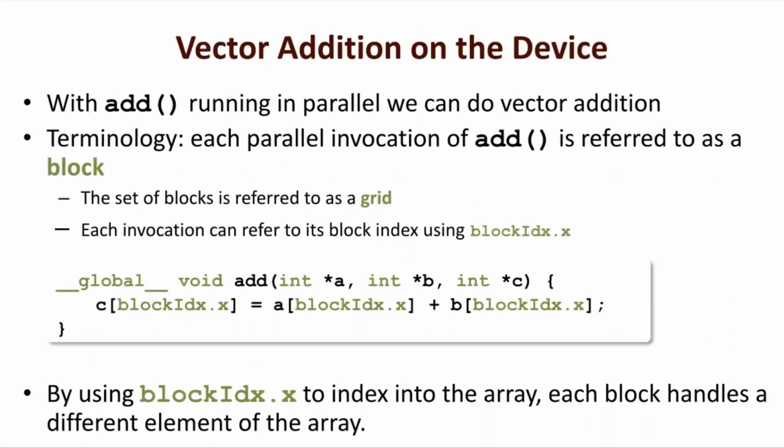The benefit only comes when you start doing vector addition. When you try to define not just two variables, you define two vectors. So the global function will be modified a little bit. Here in the global function, we'll be using a predefined keyword, block. This block is CUDA terminology.